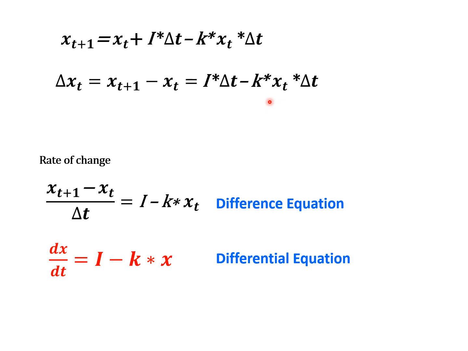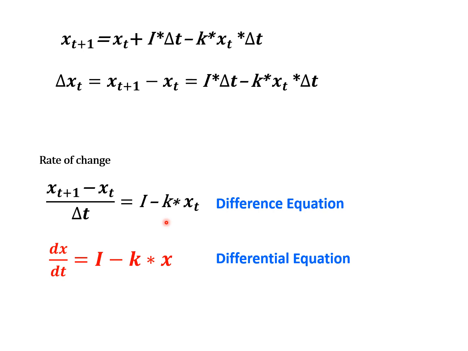If we want to know the rate of change of the carbon pool, we divide both the left hand and the right hand side of the equation by delta t, which gives us this difference form of the carbon balance equation, which says the rate of change equals the input rate minus the outgoing rate.